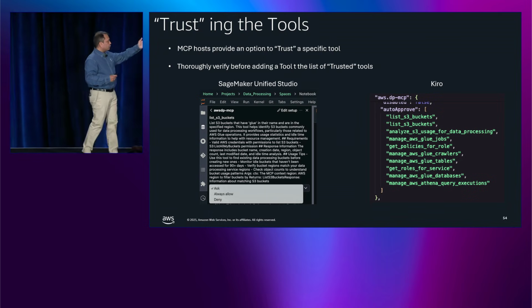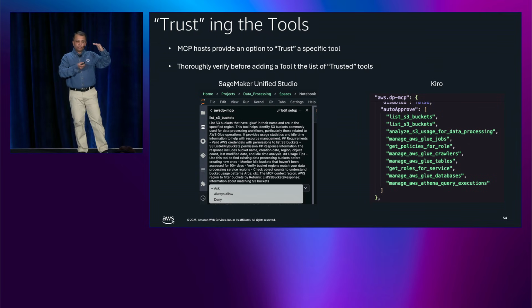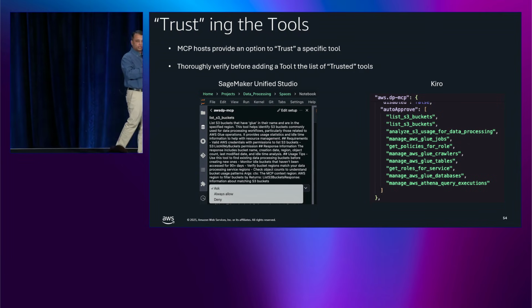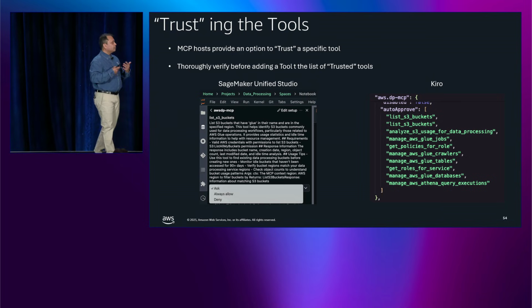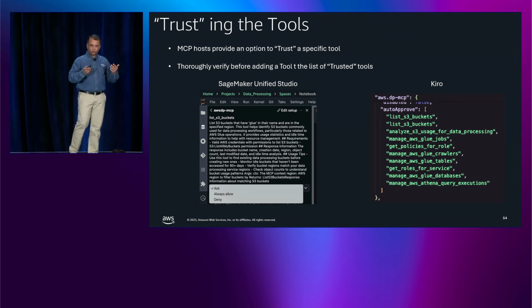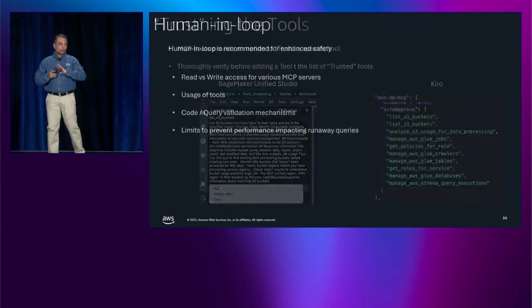So you can say that, hey, for this particular tool, ask me or always allow. In the case of Kiro, that's where that block comes into the picture, where you can put a list of auto-approve tools so that it will automatically be executed if the LLM decides to make use of that tool.